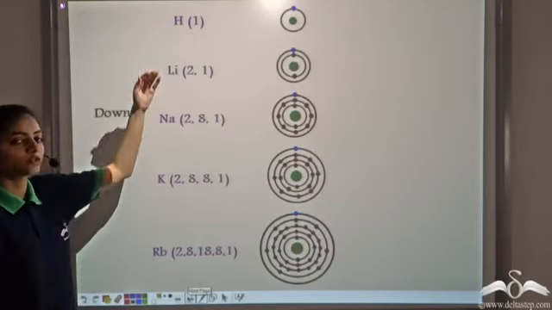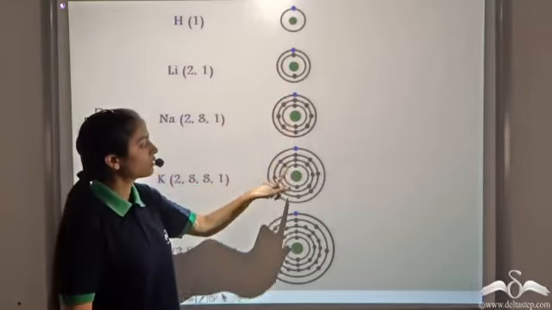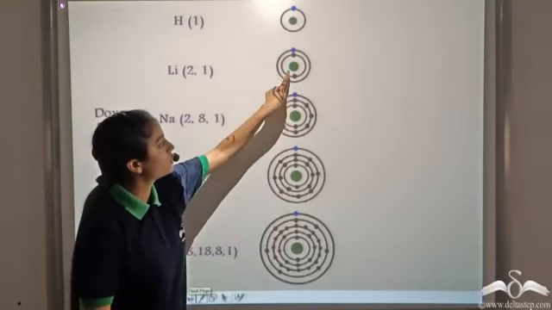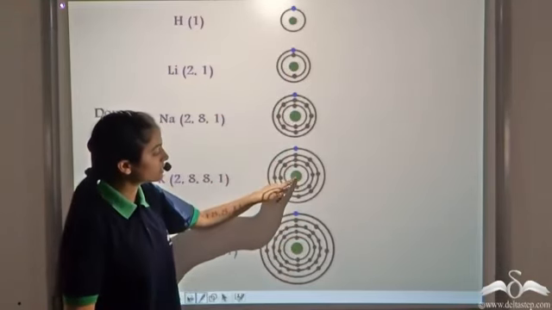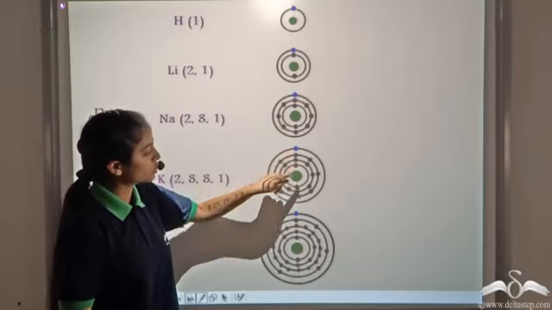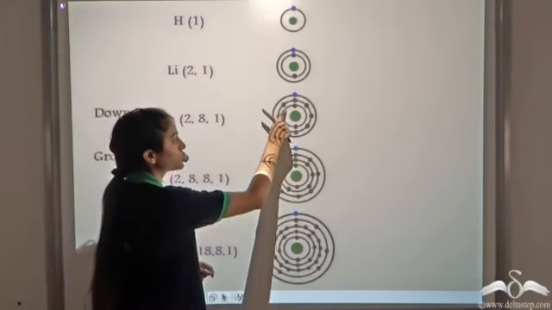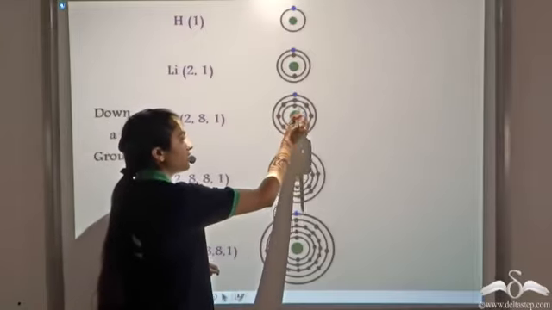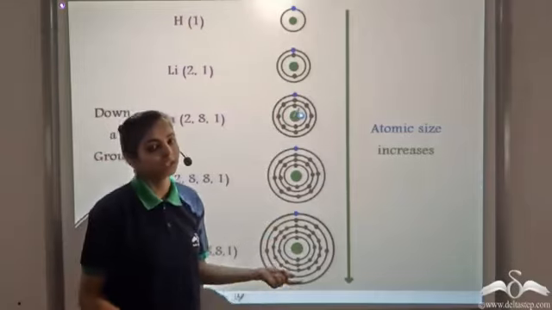So when we move from top to bottom in a group, the number of shells increases, which overweighs the increased nuclear charge. So the nuclear charge also increases, but the distance between the outermost shell and the nucleus increases because of addition of a new shell in each case. In effect, the atomic size increases on moving from top to bottom in a group.